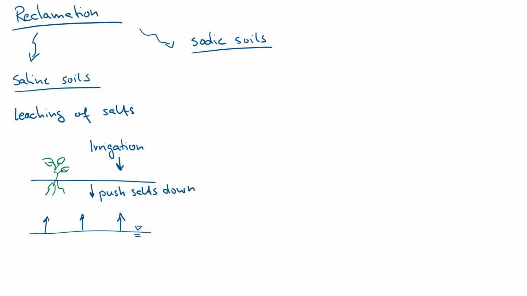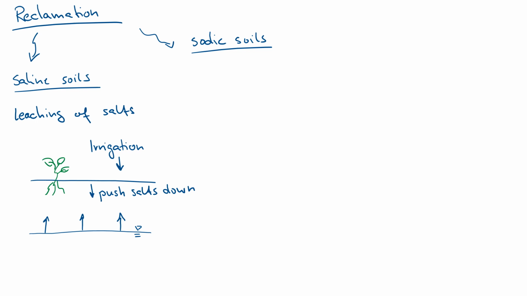So if you have a sodic soil, then the reclamation or improvement of these requires the removal of part, or at least most, of the exchangeable sodium, and its replacement by the more favorable calcium ions in the root zone. There's a whole bunch of different ways this can be achieved, dictated by local conditions, what's available, and what kind of crops are meant to be grown on this soil.